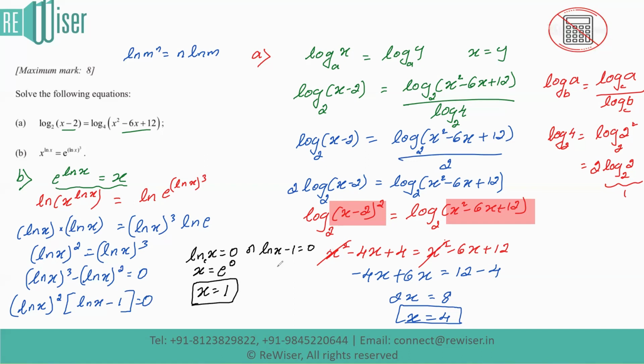Or when 1 goes to the other side, it's going to be ln x equals to 1. Again, if there is no base, it's going to be e. So when you take this ln to the other side, it's going to be e to the power of whatever we have on the other side. So e power 1 is going to be e itself. So there are two possible answers for part B: either x could be 1 or x could be e. This is the right answer for the sum.